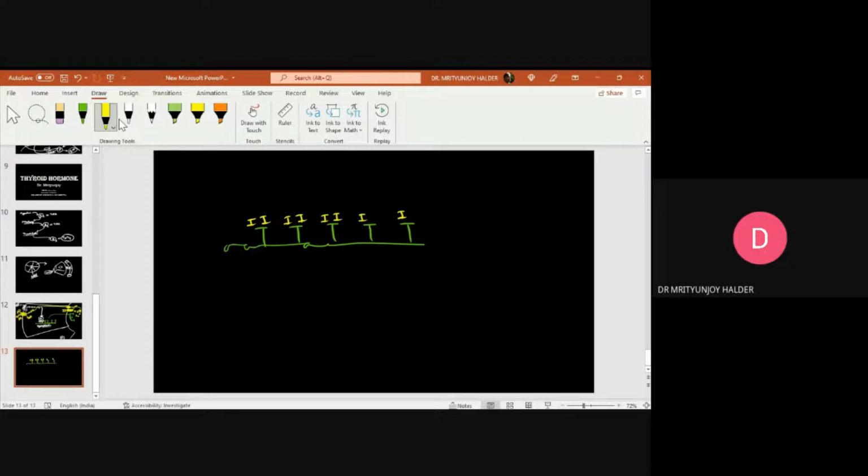So we can easily appreciate that for the first tyrosine, though the number is random here, two iodine molecules are attached. Then for the second tyrosine molecule, two iodine, for the third two iodine, for the fourth one iodine, and for the fifth one iodine is attached.